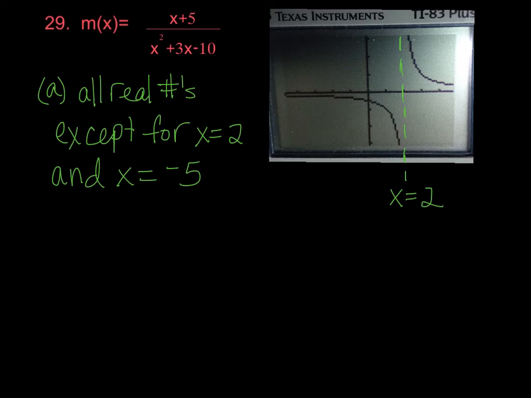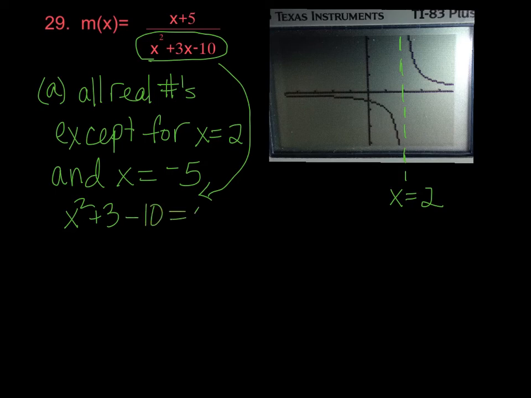Now the other way that you also can look at this is, let's go back to the original m of x here. Just to explain where that -5 is coming from: remember that you can't have a fraction that's undefined, which means the denominator can't equal 0. So if I take that denominator, which is x squared plus 3x minus 10, and I set that equal to 0, I'm going to see where it would be equal to 0, and those values I cannot have in my domain. Oops, that should be plus 3x in there.